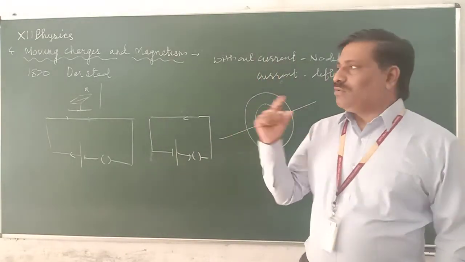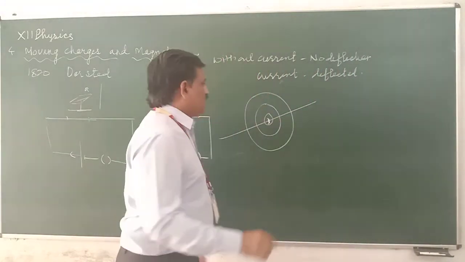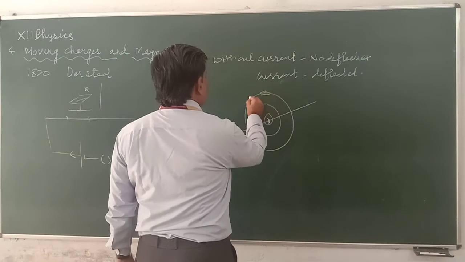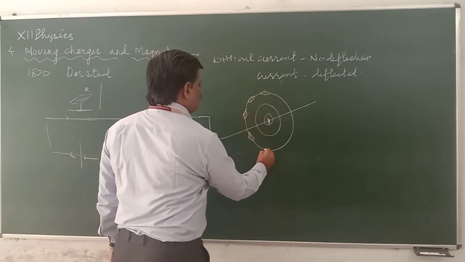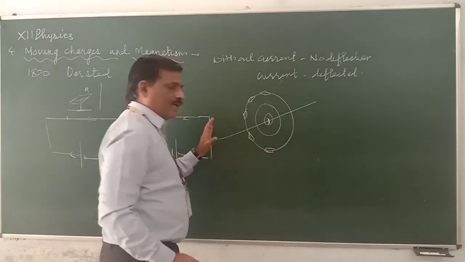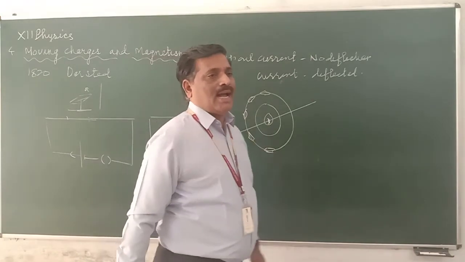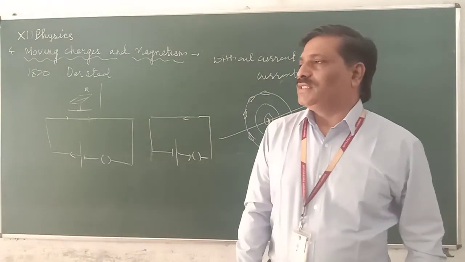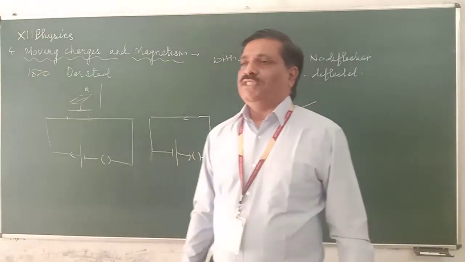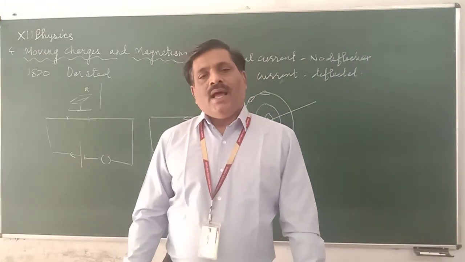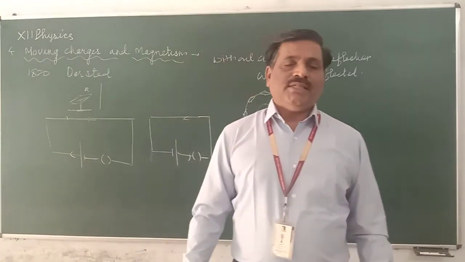It is a circular magnetic field. The figure is given in the book. If you see the orientation of the needle, it lies along the circular path. The wire is perpendicular to these circles and at the center of those circles. These were certain observations the Danish physicist Oersted made.